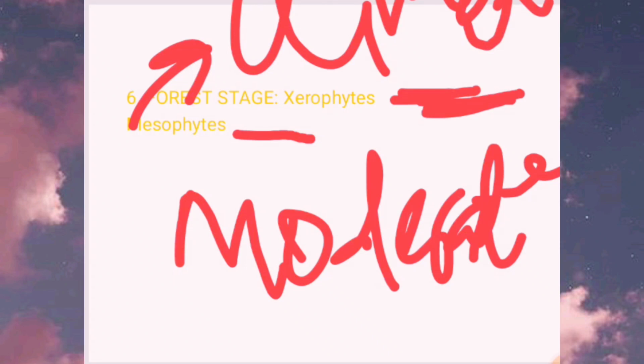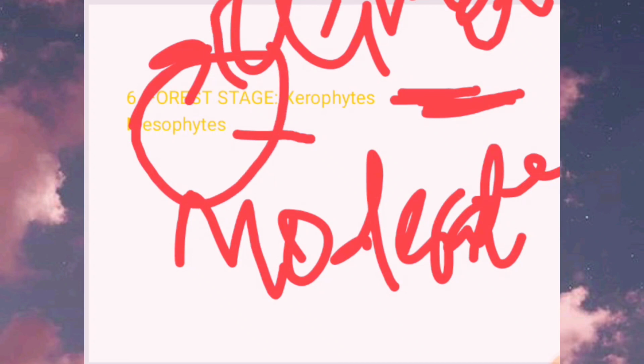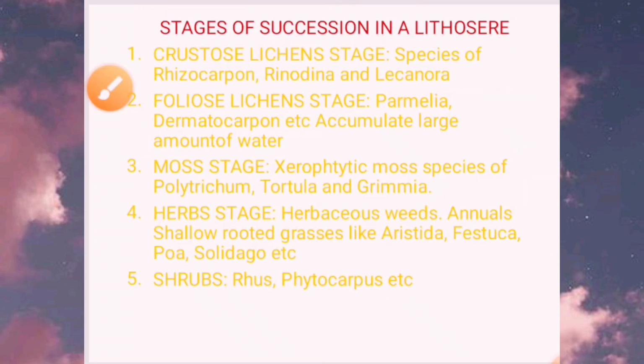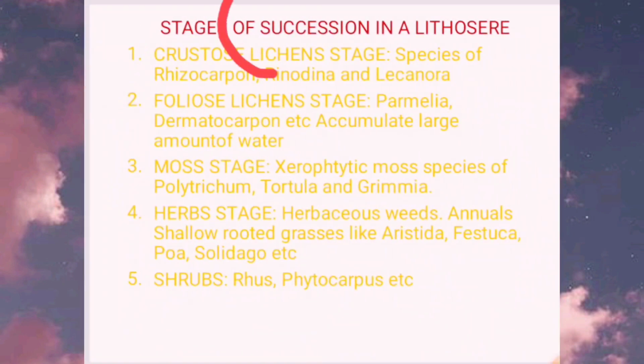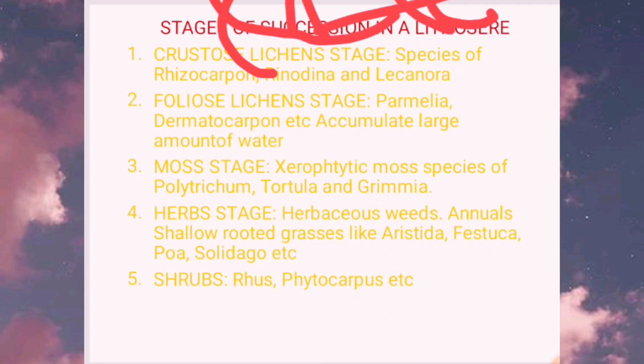This forest community is in equilibrium with the climatic and environmental conditions. The crustose lichenous stage is the pioneer community. Why am I calling it a community? Because it is not just one species, but a group of species which occurs or invades this area.